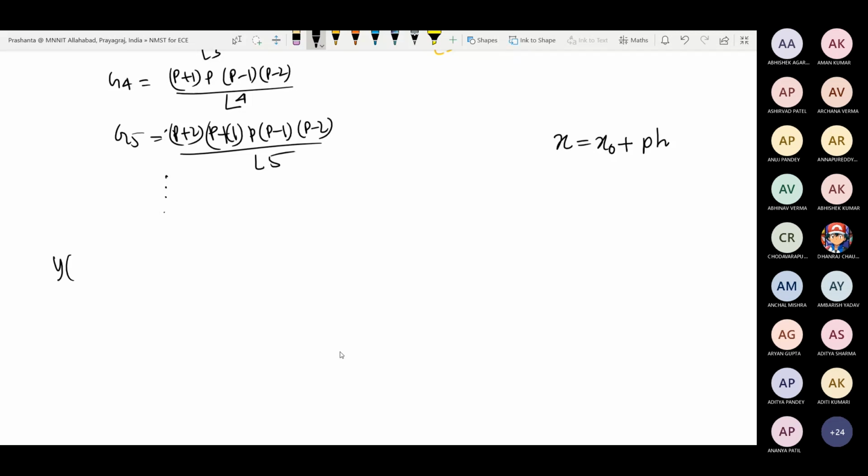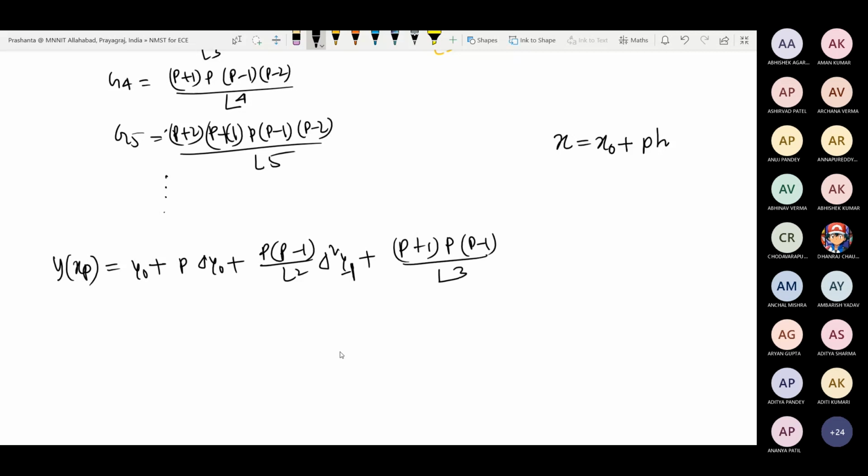So Y, which will be evaluated at XP, that is Y naught plus P delta Y naught plus P into P minus 1 by factorial 2 del square Y naught plus P into, not this, this is del square Y minus 1, plus P into P plus 1 P minus 1 by factorial 3 del cube Y minus 1.